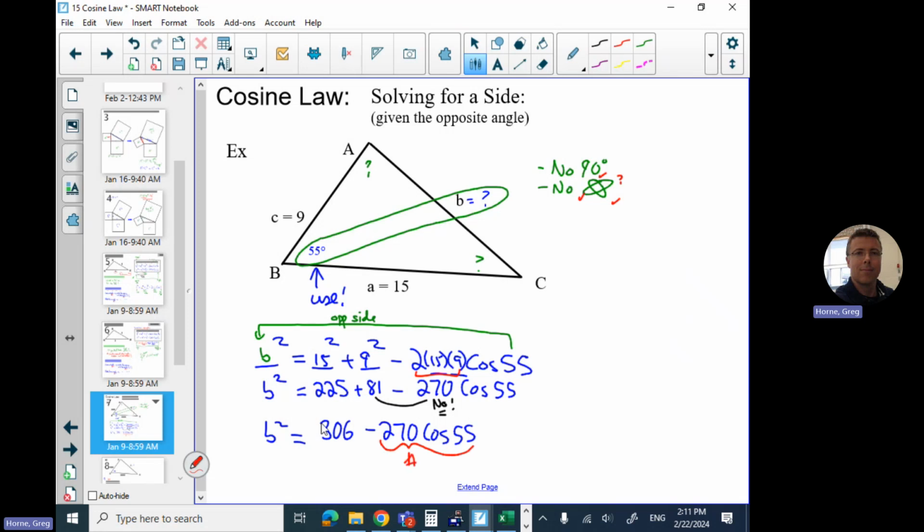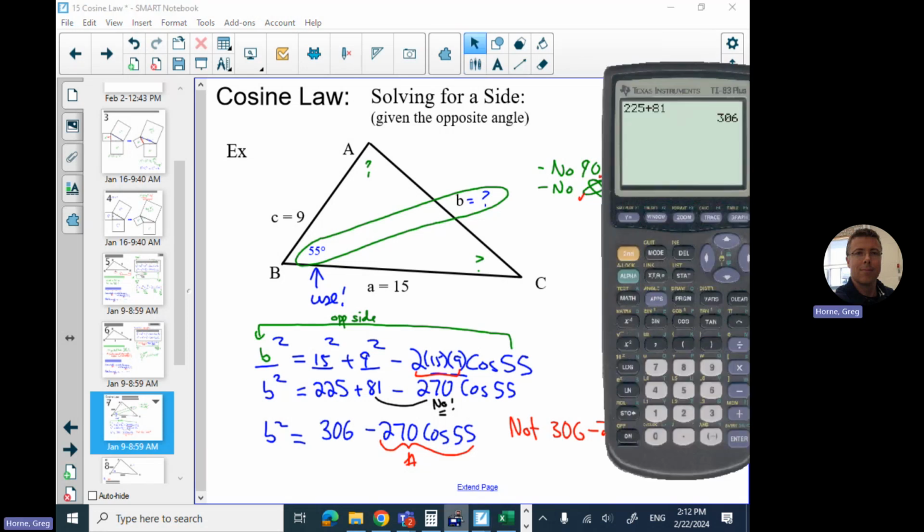Not 306 take away 270, right? You have to get the 270 times the cos 55. So we have the 270 times, in this calculator, cos of 55. And I can check to make sure I'm in degrees here, hit mode, see it says degrees, we're good to go, clear that. 270 times cos of 55 is 154.86, right?